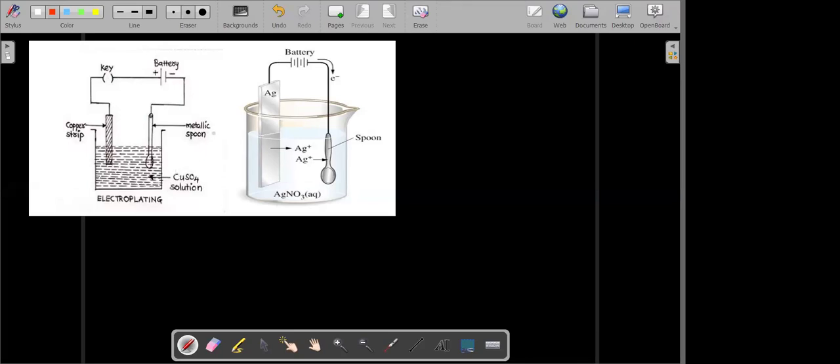And the salt solution which we take will be the salt solution of the metal which is electroplated. For example, here we are electroplating silver, so we have taken a salt solution of silver nitrate.